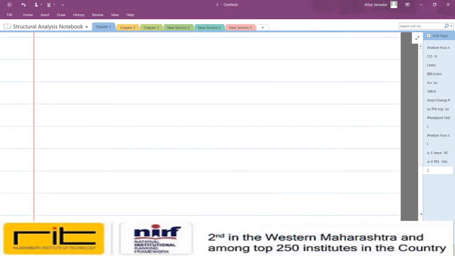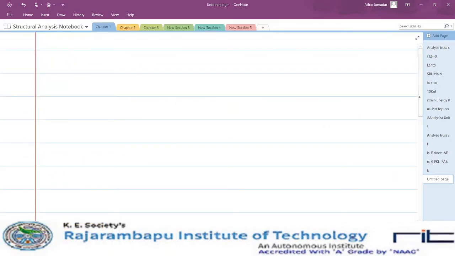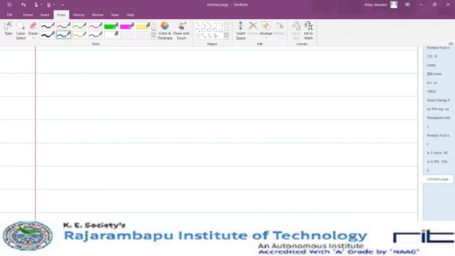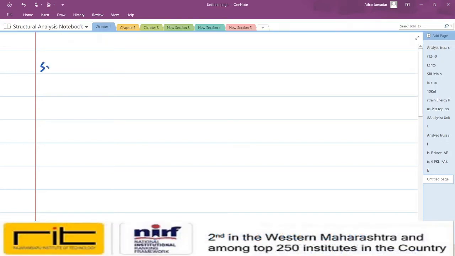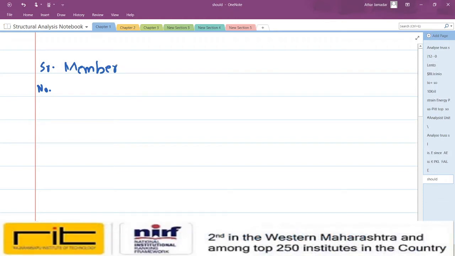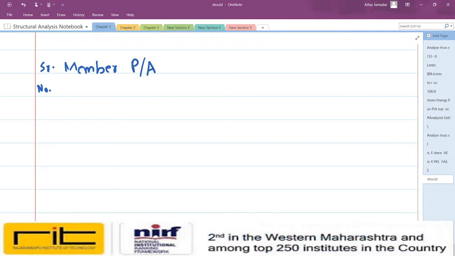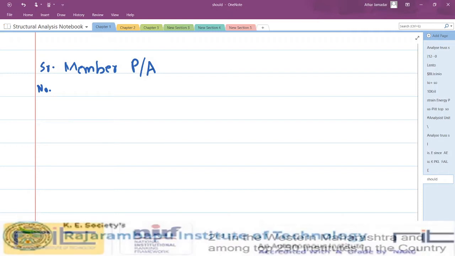Okay, so somewhere here I will just show you what will be that final table for this particular case. So generally we are writing down first serial number column. Okay, then second column will be member. Okay, then third column will be, usually our third column is P. Now our third column will be here P by A. Okay, and here whatever members are compressive one, for that we will write down P by A is equal to 60, and whatever tensile forces are there, for that we will write down P by A is equal to 100.